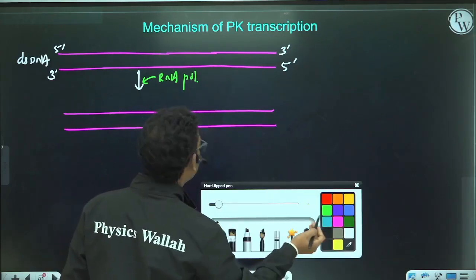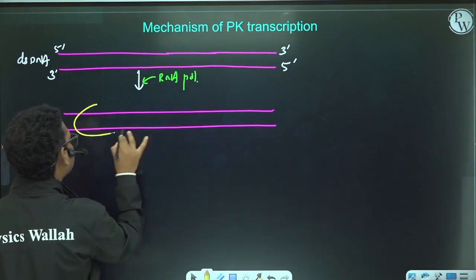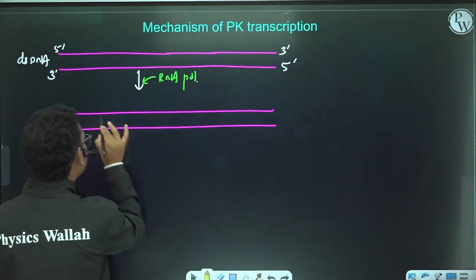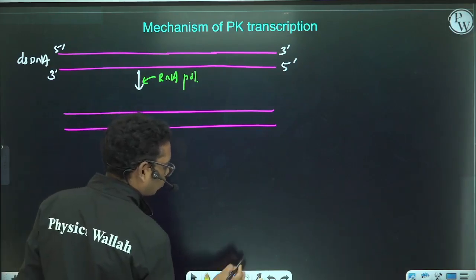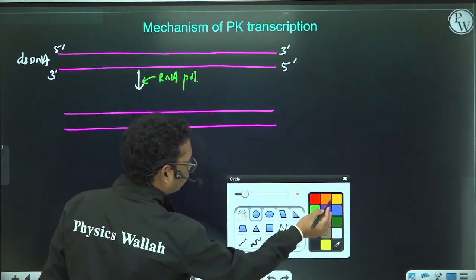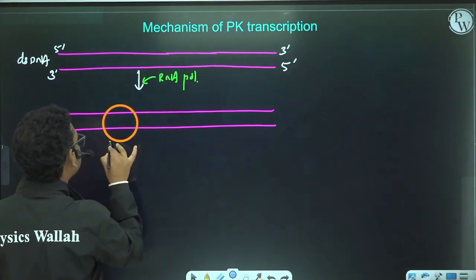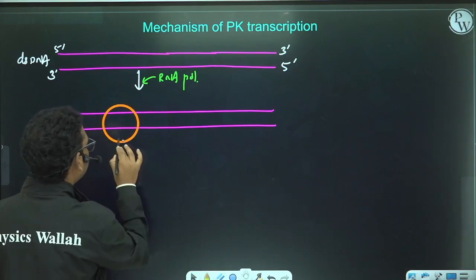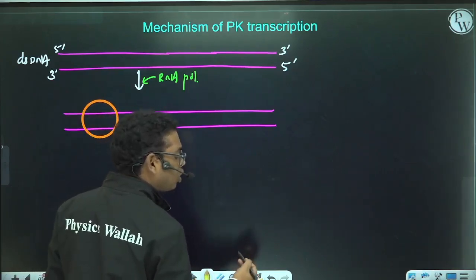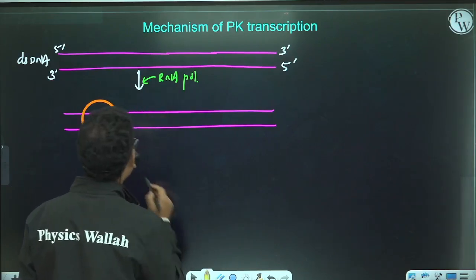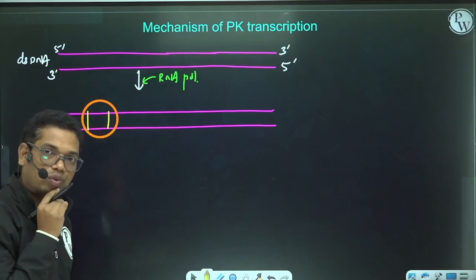And suppose this is the RNA polymerase. The RNA polymerase binds at the promoter side, so this sequence will be the promoter sequence.